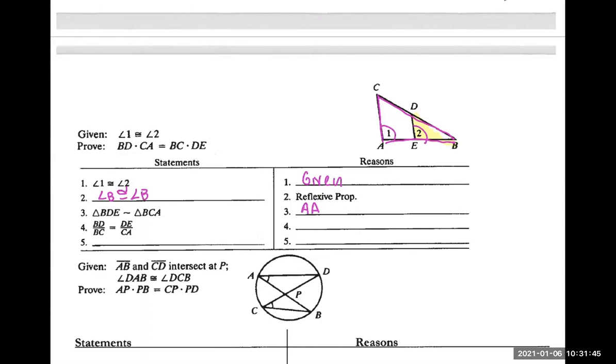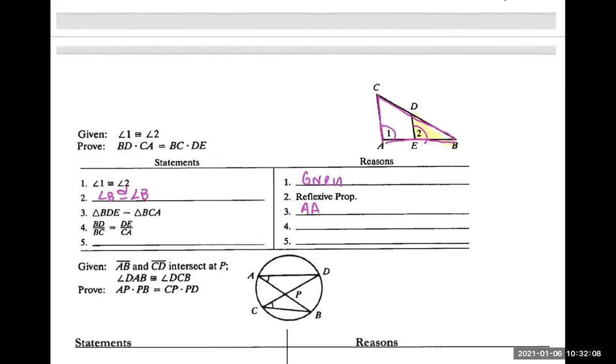And just to remind you guys of what CPCTC stands for, it's corresponding parts of congruent triangles are congruent, meaning that the corresponding parts, the angles are congruent to each other, the sides are congruent to each other, all of those that match up are congruent to each other. With similarity, it's different because you have the angles are congruent and the sides are in proportion or proportional.